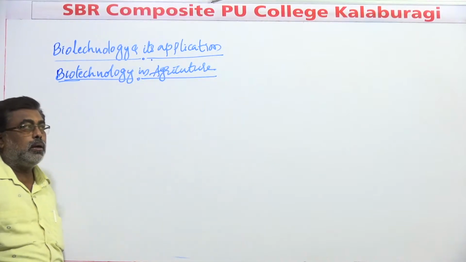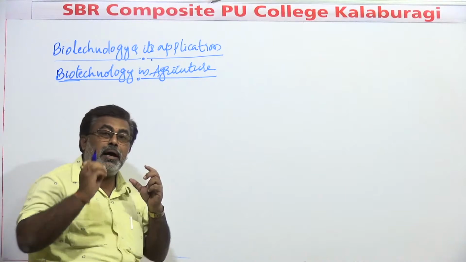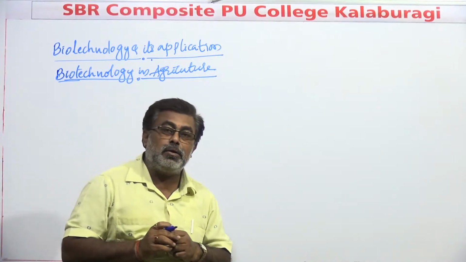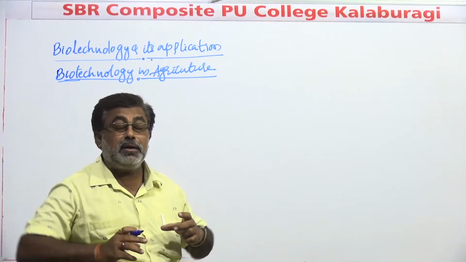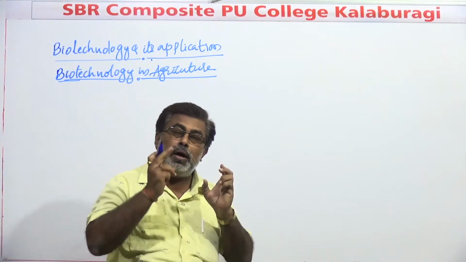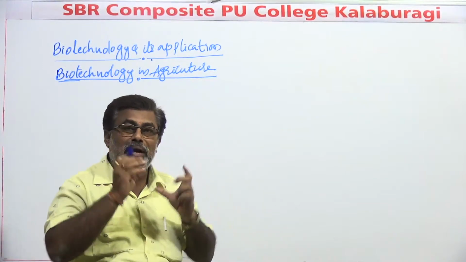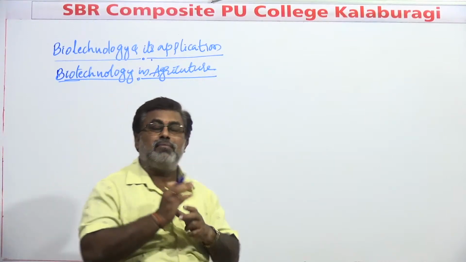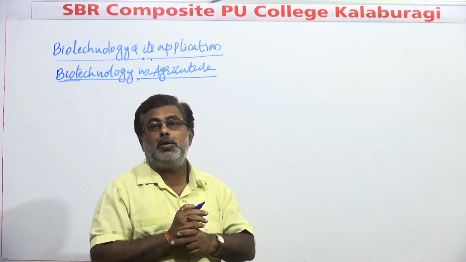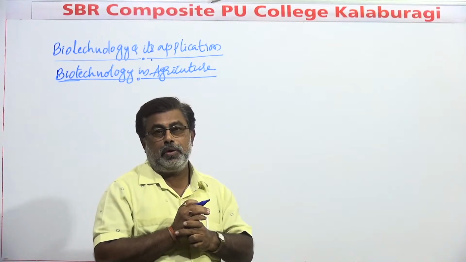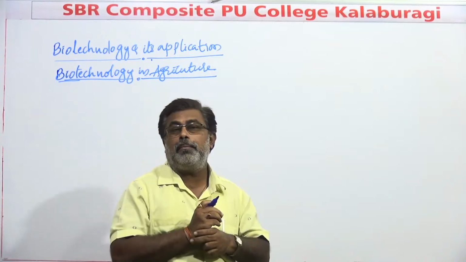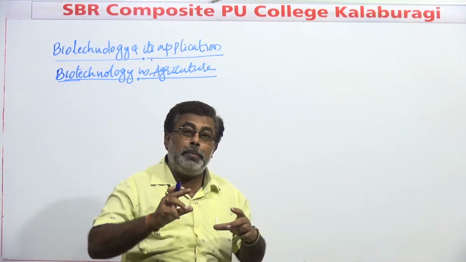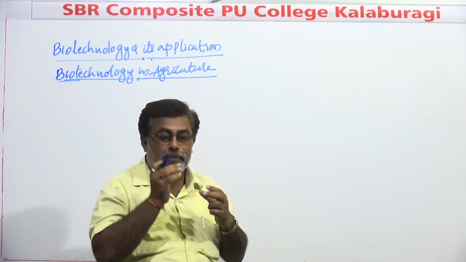Now we will discuss the application of biotechnology in the field of agriculture. Agriculture is one of the important areas in India where most of the people do this work. This agriculture is done by different methods.